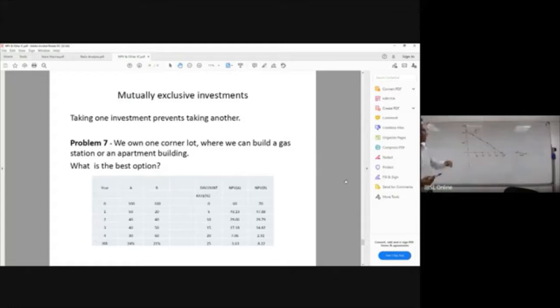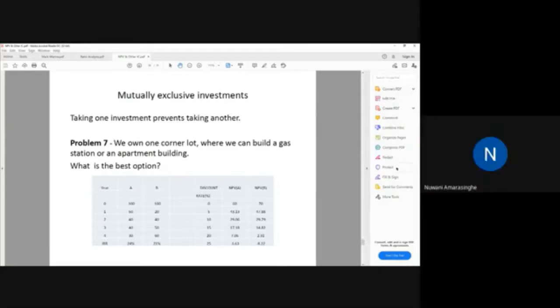Can you see now, if our required rate of return is less than 10%, what is the best project? If our required rate of return is less than 10%, this is B. Then which will have the highest net present value?